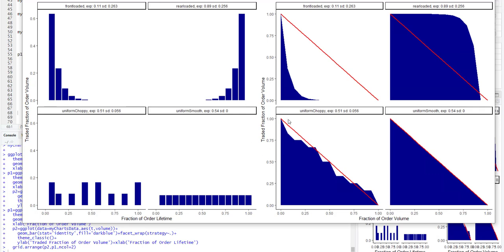Now, if we wanted to take this a step further, instead of using executed volume, we may also want to look at things like active volume versus passive volume, volume sent to lit venues versus unlit venues, volume sent to inverted venues, etc. But what we're trying to do in this video is just illustrate how we can reduce a large number of data points into a couple numbers that we can then feed into a machine learning algorithm.